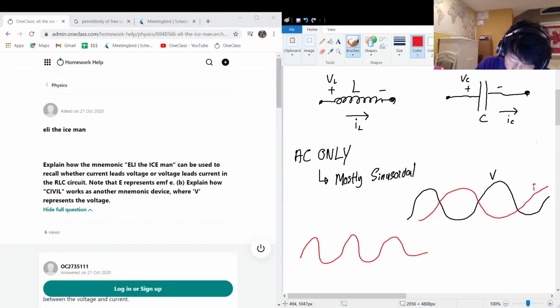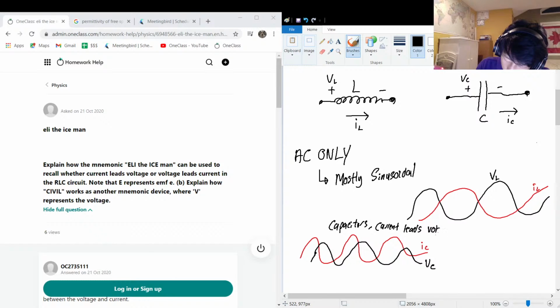like that, for IL and VL, and then current leads VC. In capacitors, current leads voltage.